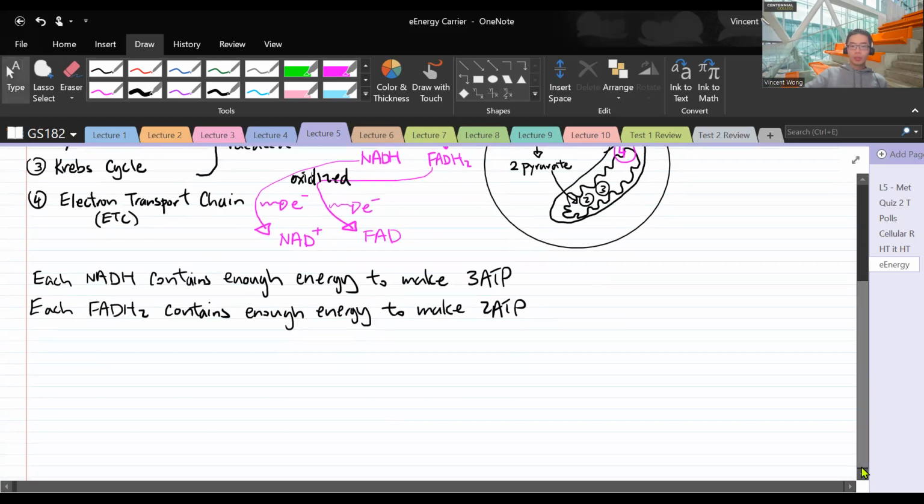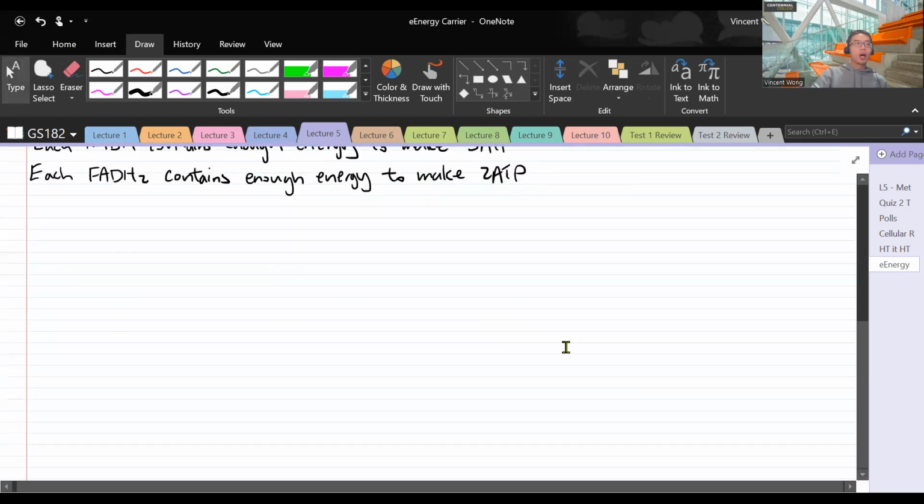Let's take a closer look at glycolysis then. So glycolysis, like I said, glyco means sugar or glucose, and lysis is to break.